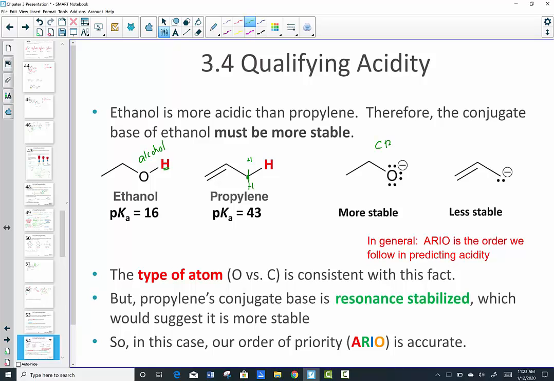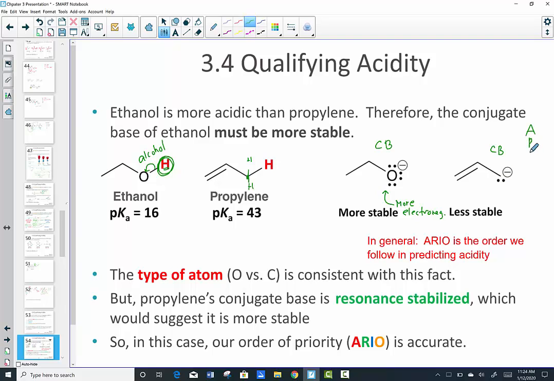If I chose to keep going and went to the R next, even though I made a decision, let's just say I'm oblivious to saying, oh, stop right there, I'm going to go down to R. This guy is resonance stabilized, right? There is a resonance structure where the bond can form from these dots and this bond goes to form dots. So I might be fooled into thinking, golly, since that has resonance, he might be more stable than the other structure, which has no resonance.